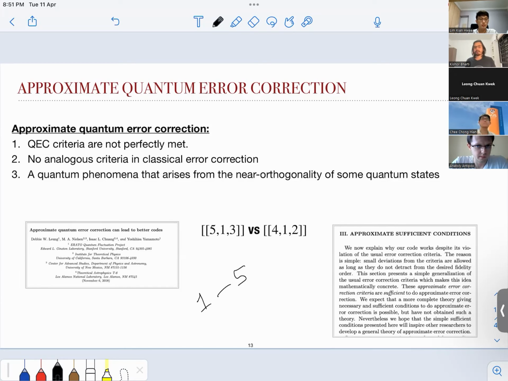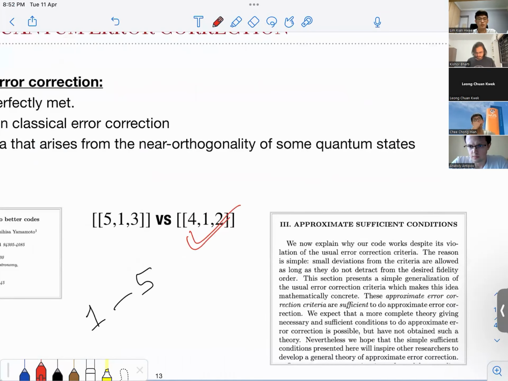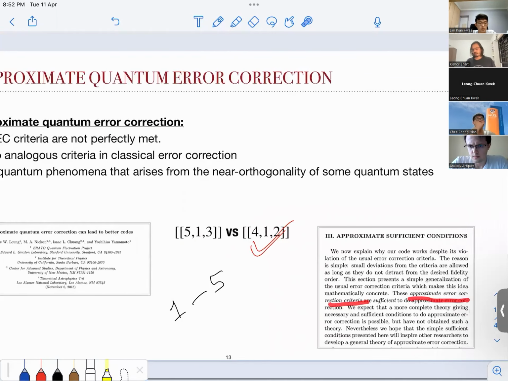But Debbie Leung and others showed that if you are interested in protecting your qubit against the amplitude damping channel, then you do not quite require 5. Even if you have 4, you are okay. So this 4 can also do your job. They also come up with an analogous condition for the approximate error correction criteria. It's a very nice paper.